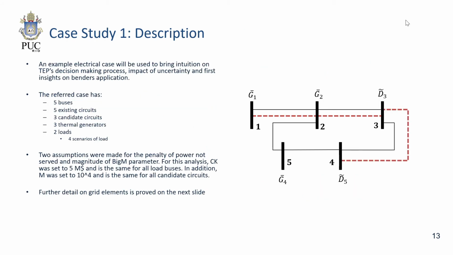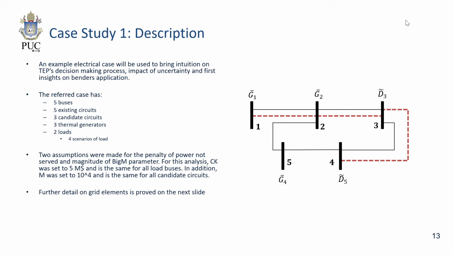Just a glimpse of the solution. We are going to first look at a really simple case study of 5 buses, 3 generators, and 2 demands. We also have 3 candidate circuits that we can evaluate whether we need to build them or not.